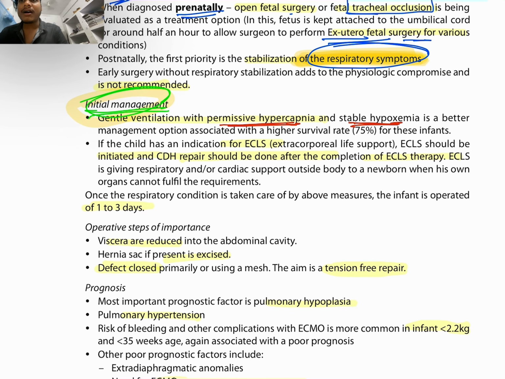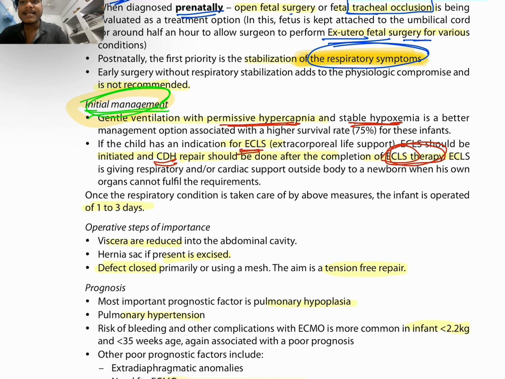Another option is, if the child has an indication for ECLS, that is extracorporeal life support, then ECLS should be initiated. For congenital diaphragmatic hernia, repair should be done after the completion of ECLS therapy.